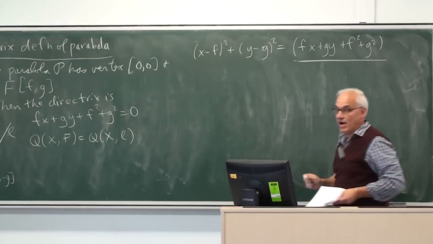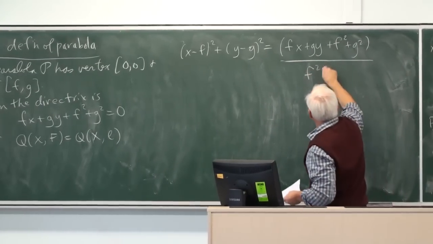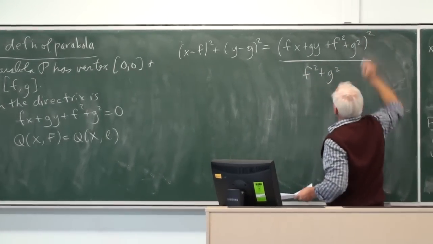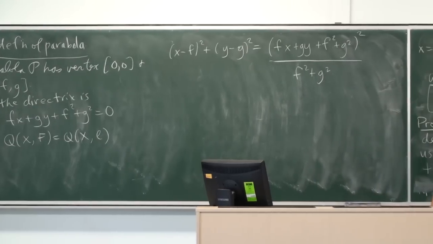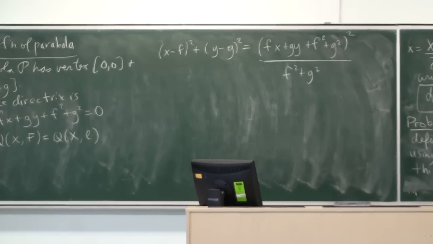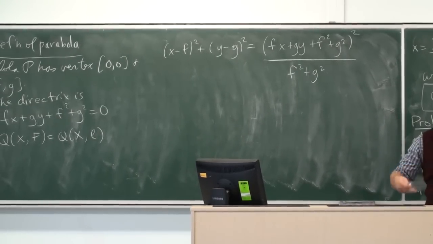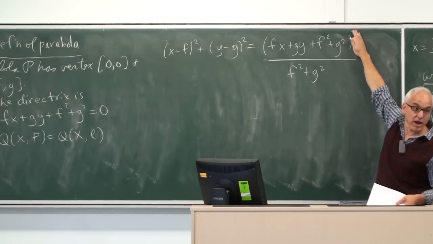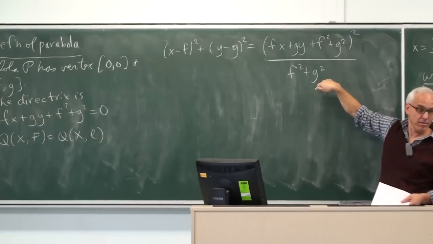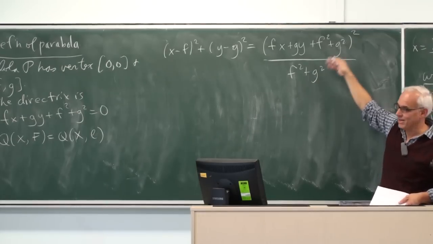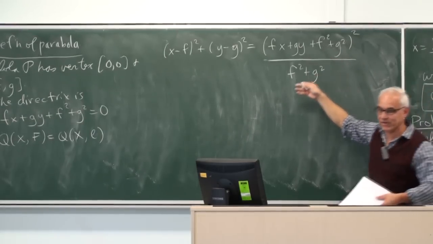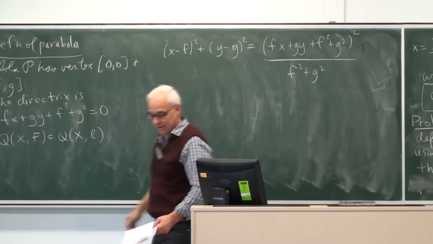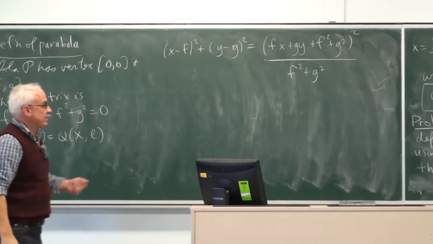And you have to divide by f squared plus g squared and square that. If you were taking a distance, you would take the square root of all that. And then it wouldn't be a square here, there would be a square root in the bottom. That's a familiar formula. This is a clearly superior formula because it doesn't have any square roots, of course. The content is exactly the same.